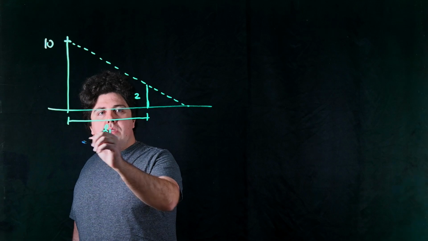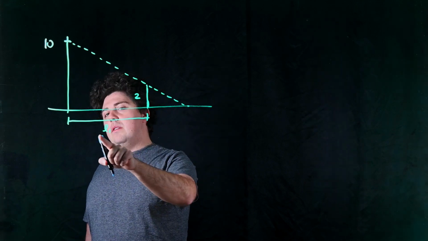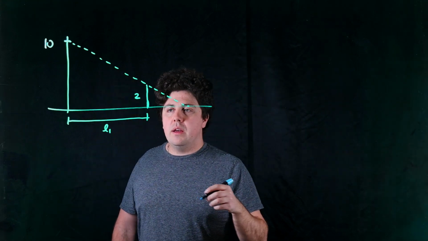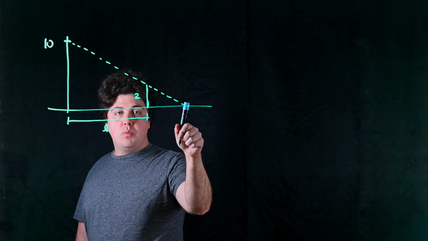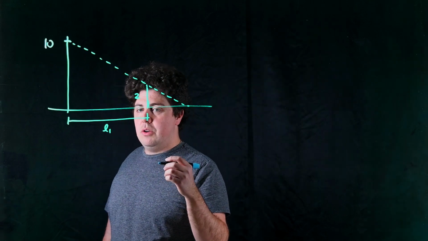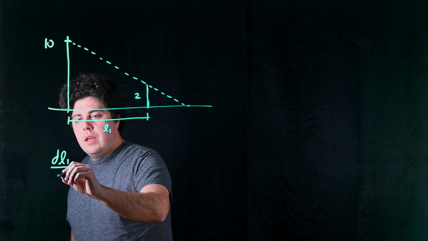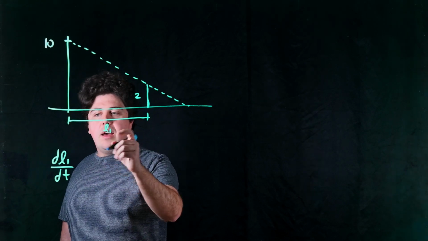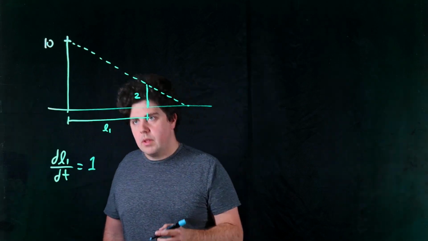And we definitely care about how fast the person is moving. So we care about this variable L1 because that's basically what's given. If this person is walking at a speed of 1 meter per second, that is precisely saying that the rate of change in time of L1 is 1 meter per second.